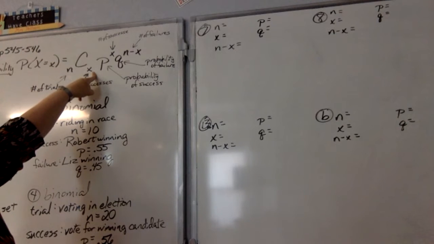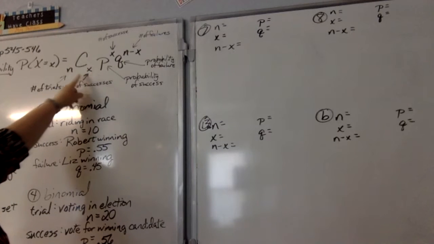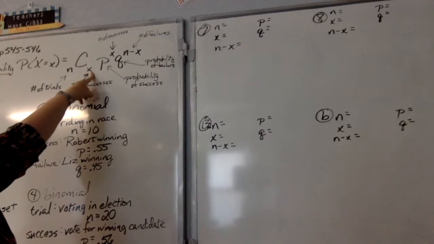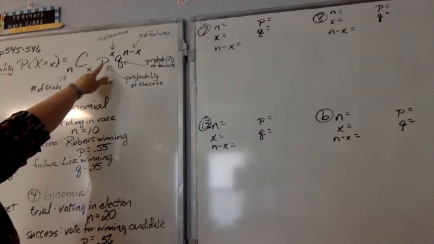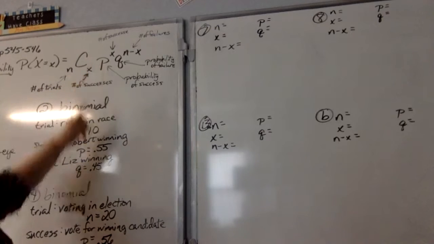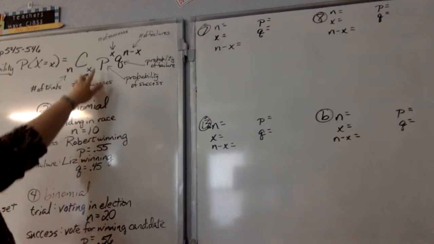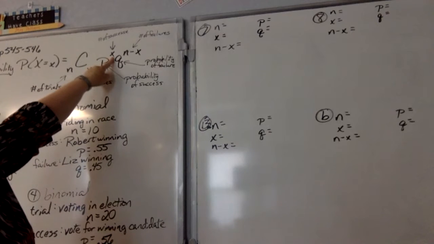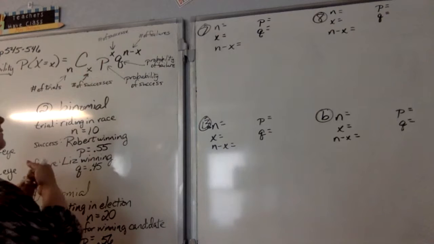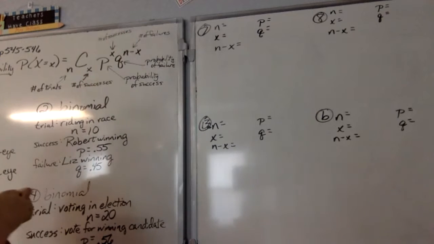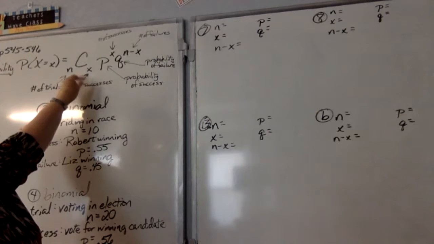When they were riding around the block, it says, what's the chance of Robert winning 7 times? And they were doing it 10, so this would have been 10, this would be 7. Then our probability is the percentage that we had for our P as a decimal. Okay, the number of successes is the same as this.